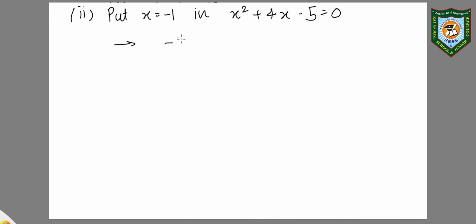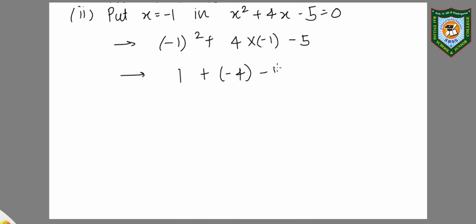Now similarly, I have to substitute x is equals to minus 1. So this implies minus 1 whole square plus 4 into minus 1 minus 5. This is minus 1 whole square is 1 plus 4 into minus 1 is minus 4. This is minus 5.